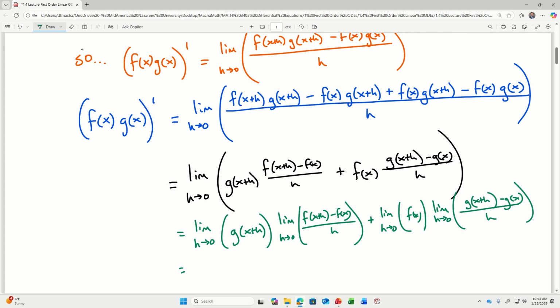What is the limit as h approaches 0 of g of x plus h? That would just be g of x, right? What is the limit as h approaches 0 of f of x plus h minus f of x divided by h?